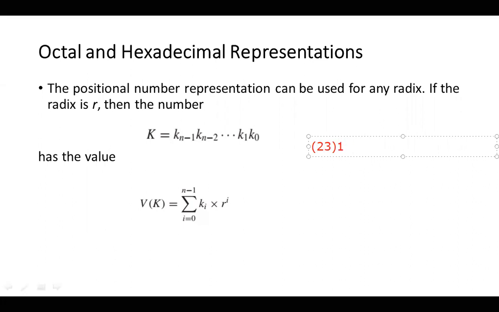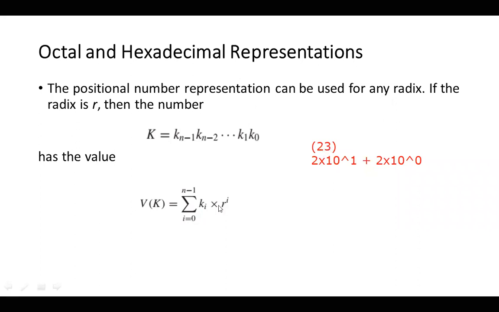Now, when I take a decimal number, what is the positional value? 2 into 10 power 1, and the next one will be plus 3 into 10 power 0. Now, if I write it in this format, k over here represents 2 and 3.